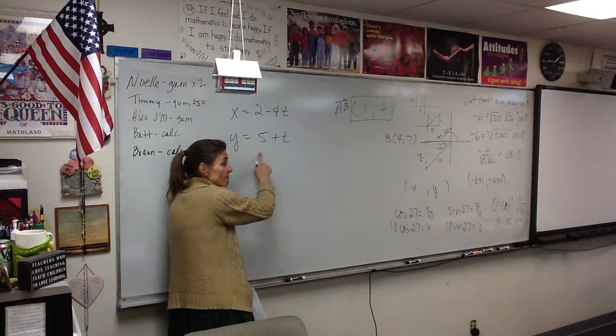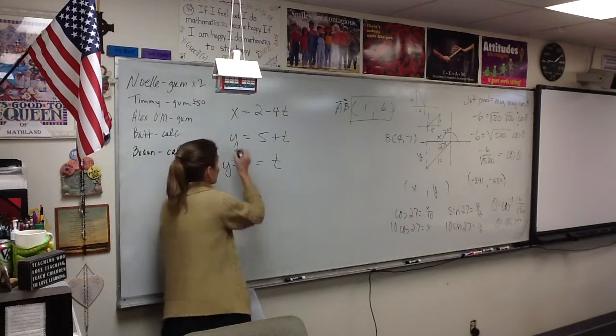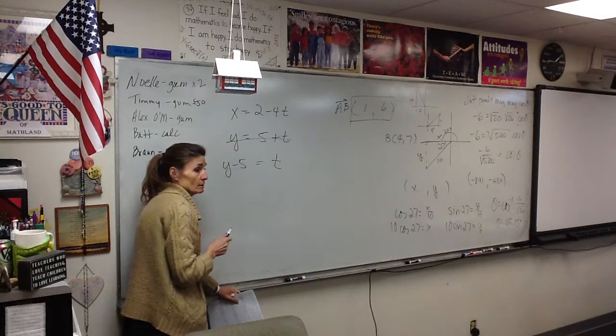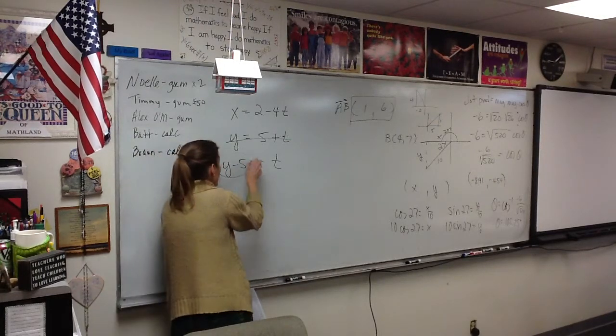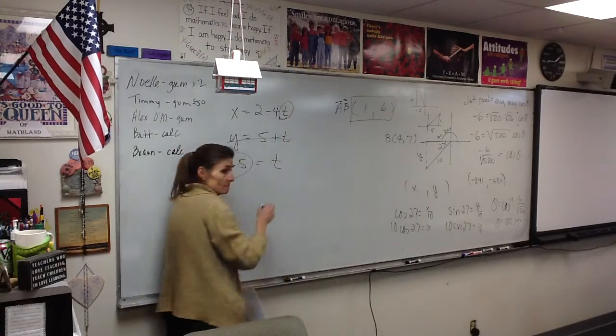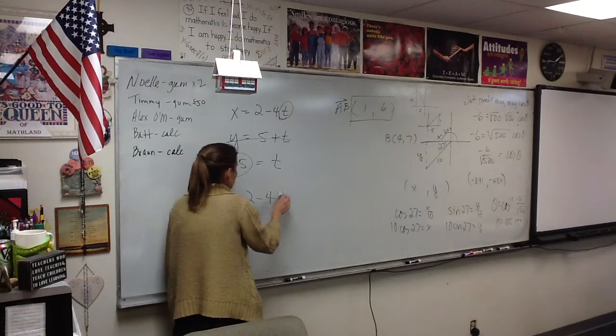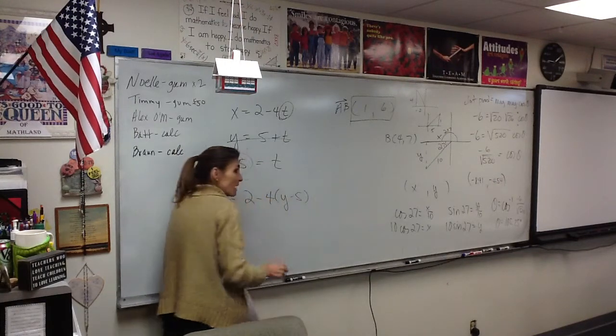Would you agree with that? So t will equal y minus 5. What could I do with this y minus 5 then? I could plug it in for this t. So x equals 2 minus 4 times y minus 5.